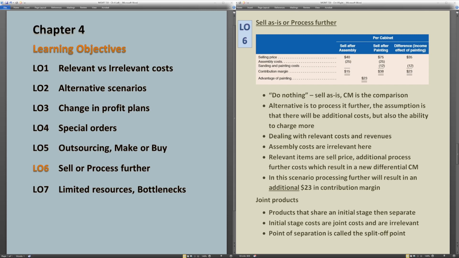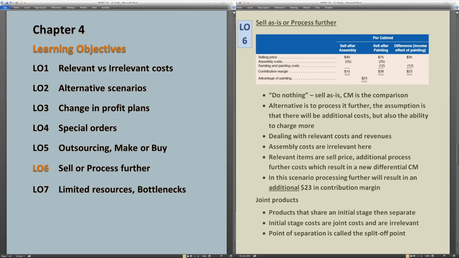And so while we're looking at this just from a cost accounting, managerial point of view, whenever we're talking about the additional profit or the additional contribution margin, at some level there is a marketing piece to this. If we just look at this scenario, it says sell after assembly, the selling price is 40, the sell after painting, well, because we haven't sold it after painting yet, that $75 that we're projecting as the sell price, we don't really know.